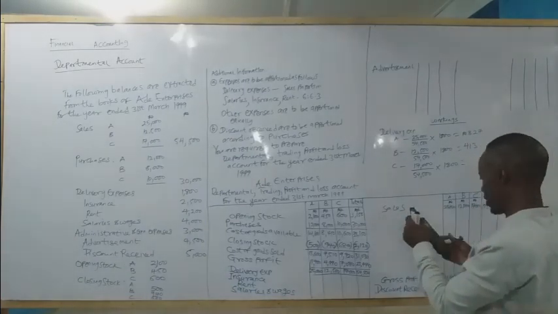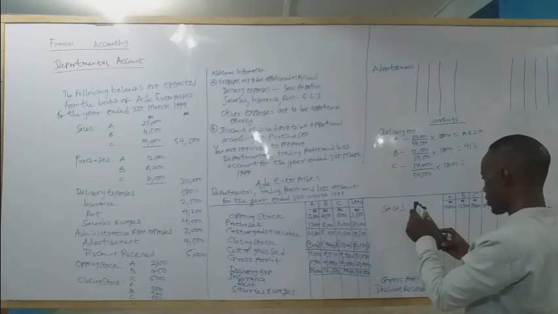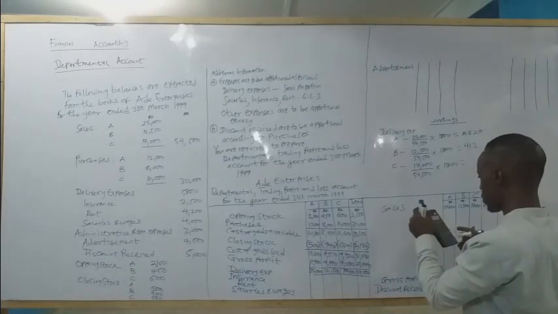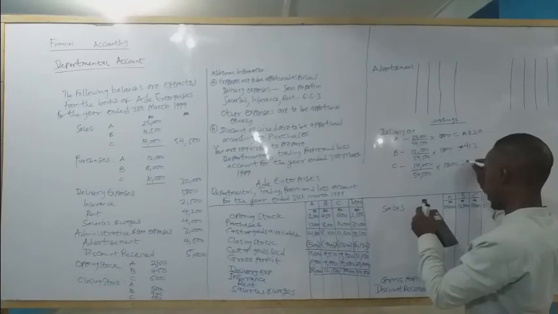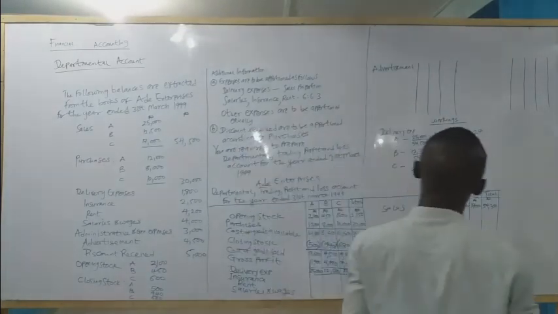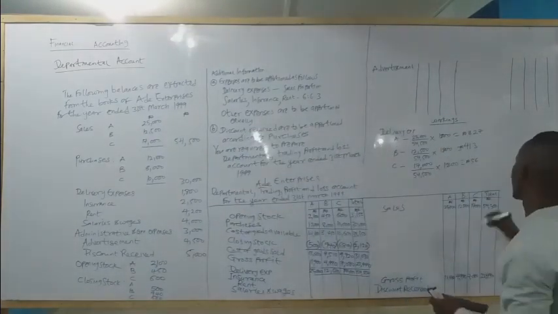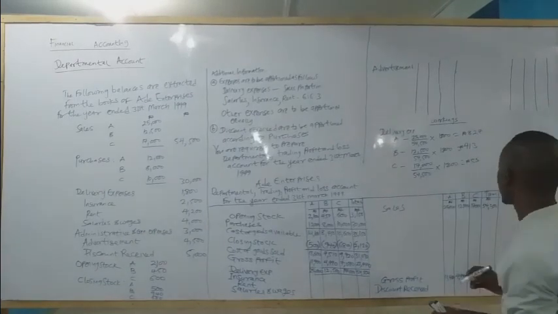And here 17,000 divided by 54,500 times 1,800 is equal to, so here we can have 55.